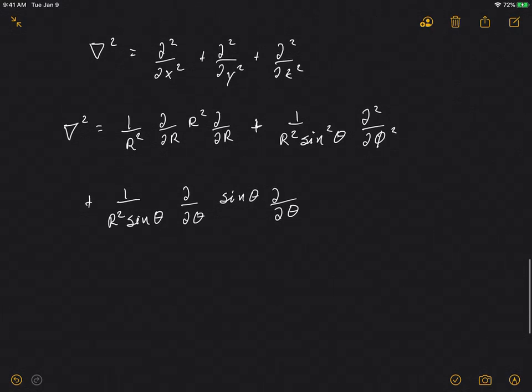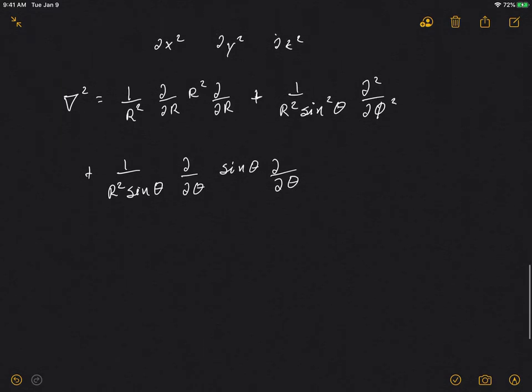So now that we have our Laplacian in spherical polar coordinates, our Hamiltonian is the Laplacian term, the del squared term that represents kinetic energy, plus the potential energy term.